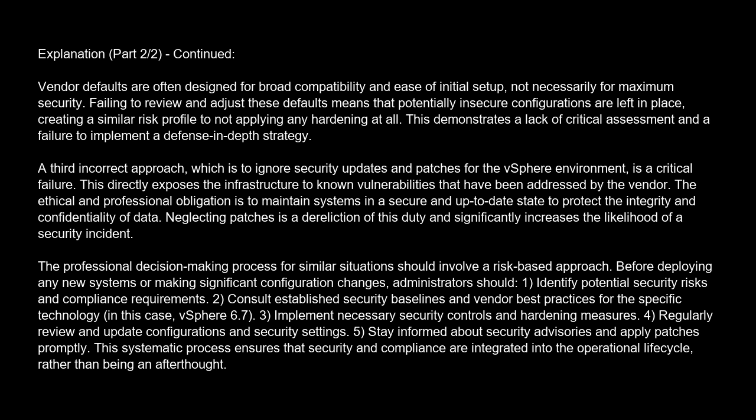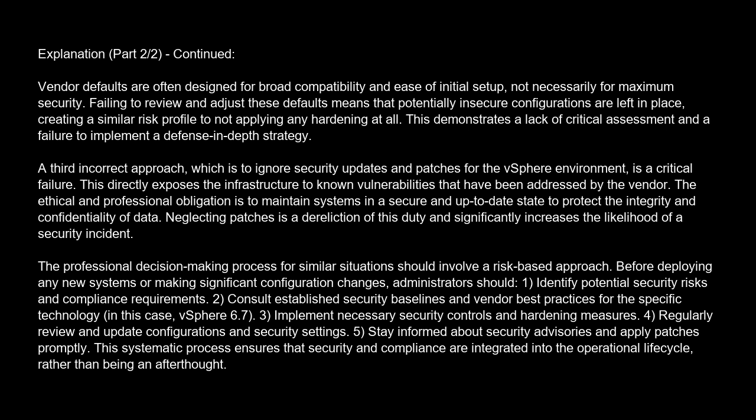The professional decision-making process for similar situations should involve a risk-based approach. Before deploying any new systems or making significant configuration changes, administrators should: 1. Identify potential security risks and compliance requirements. 2. Consult established security baselines and vendor best practices for the specific technology, in this case, vSphere 6.7. 3.